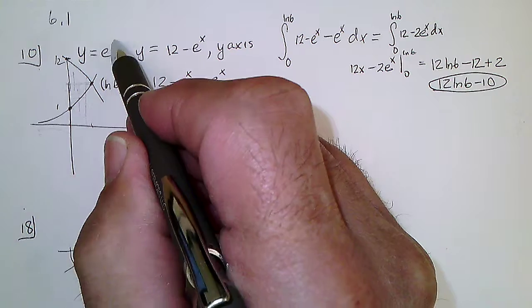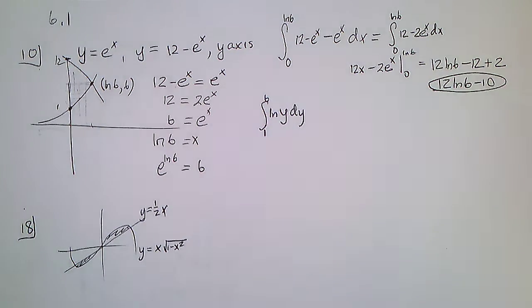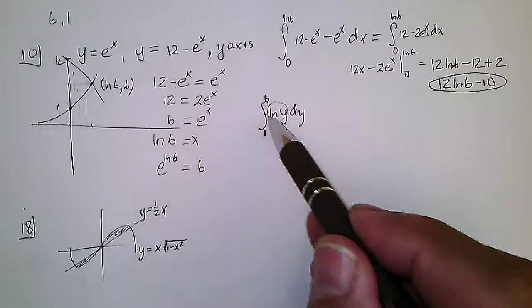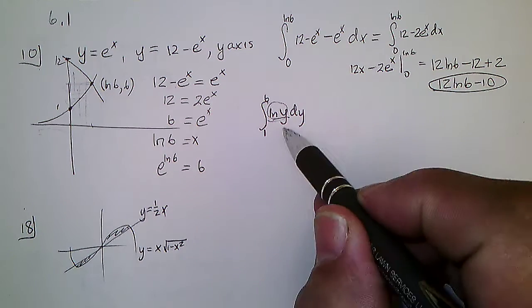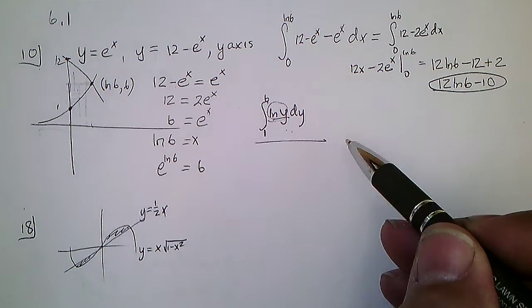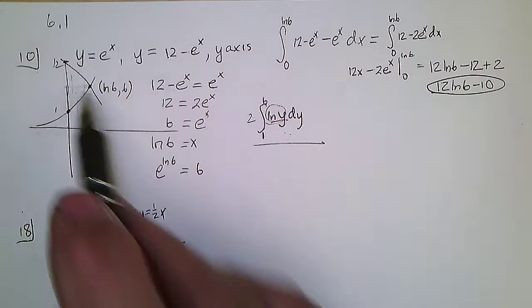If I solve for x, it's ln y, dy. However, the integral of ln y is something we haven't quite figured out yet how to do. So we probably don't want to do sideways on that one. And we'd have to double this answer to get this.